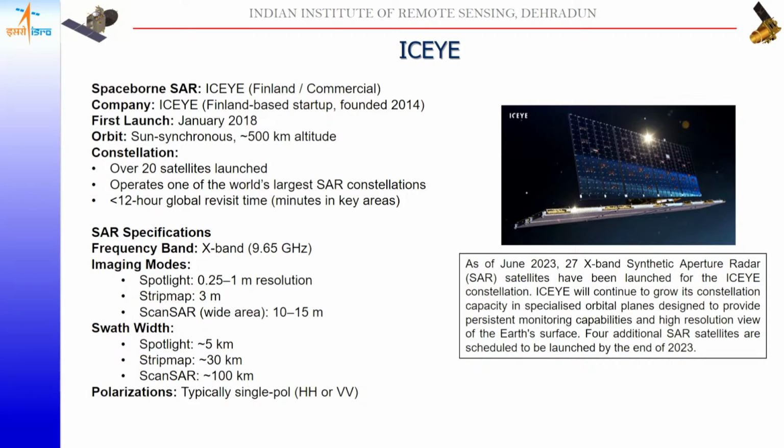It has resolution from 0.25 to 1 meter, a strip map mode of 3 meter resolution and a ScanSAR mode of 10 to 15 meter resolution, with varying swath width: 5 kilometer in spotlight, 30 kilometer in strip map, and 100 kilometer in ScanSAR. It is also single polarization, either HH or VV, that we can get from the ISI.